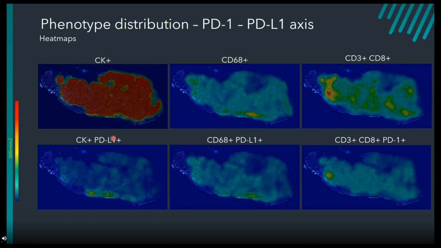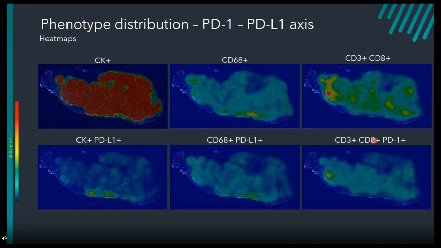If we then add the functional markers PD-L1 and PD-1 on top, then you see that CK positive PD-L1 double expressing cells are mainly in the region down here, and some scattered cells in the tumor, while CD68 PD-L1 double positives have a hotspot also correlating with the CK expression and are around the tumor islands that are towards the larger stromal areas.